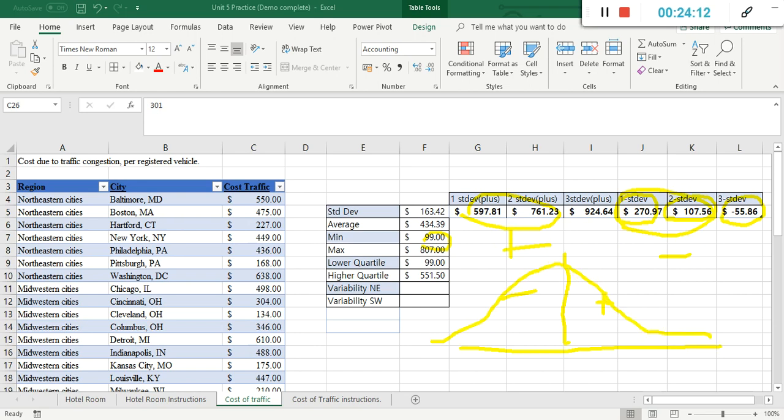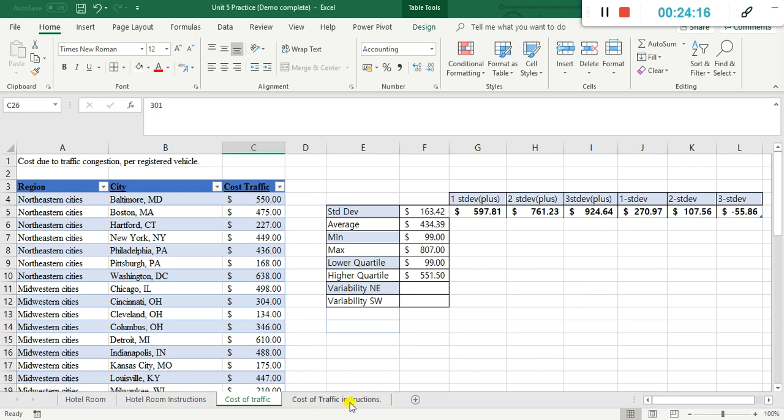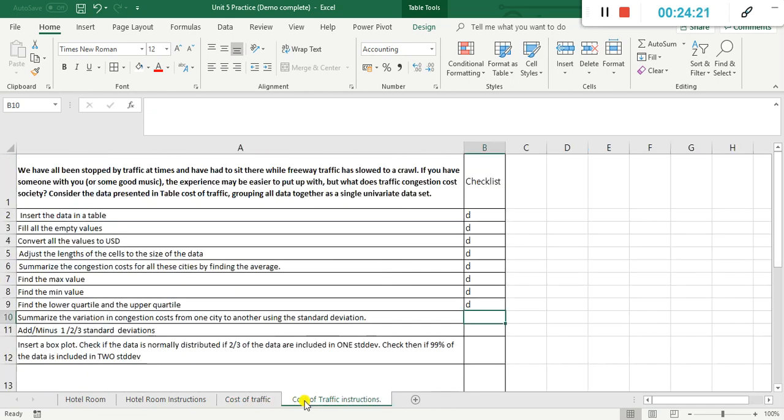Okay, very good. So now, the lower the variability, the more normally distributed the data will be. As simple as that. Okay, so in this case, summarize variation. We already summarized that one. We already added minus the standard deviations.